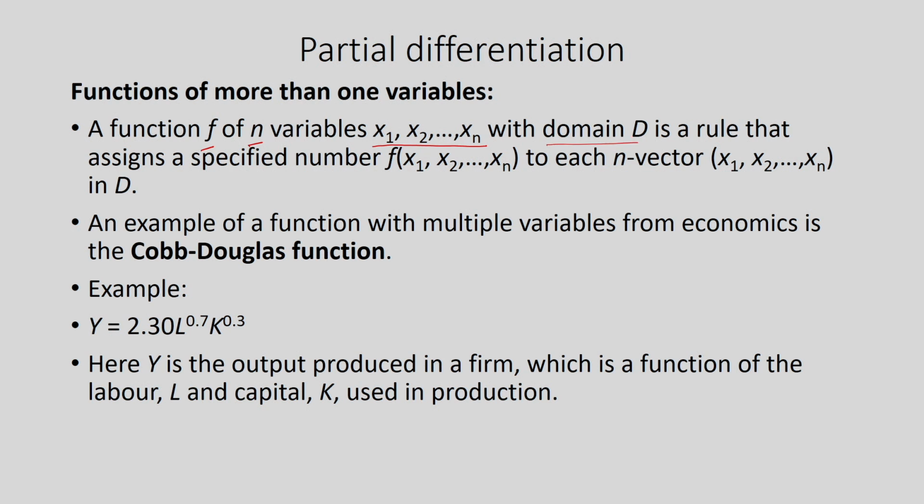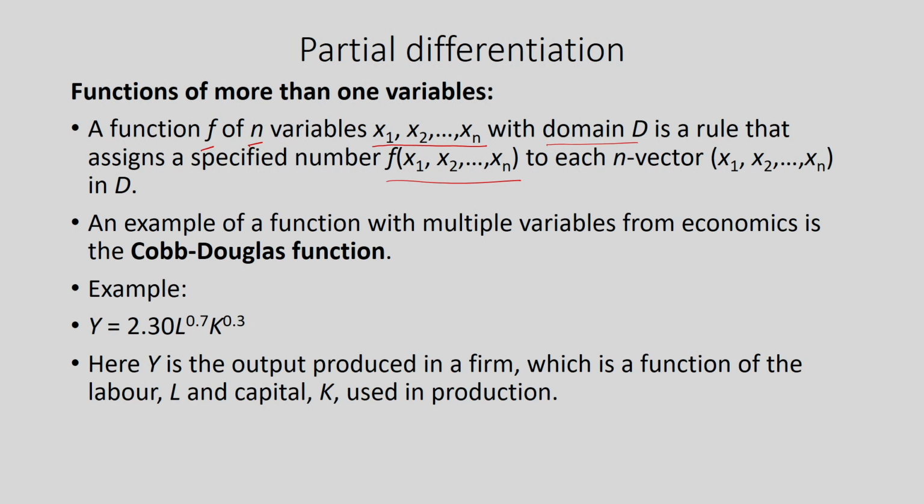Remember, this is the domain set. So, this function f is a rule that assigns a specified number f of x 1, x 2, dot dot, x n to each n vector x 1, x 2, dot dot, x n in the domain capital D. Right, as we know, a particular function is a rule which assigns a specified value of the dependent variable for a particular value of the independent variable which belongs to the domain.